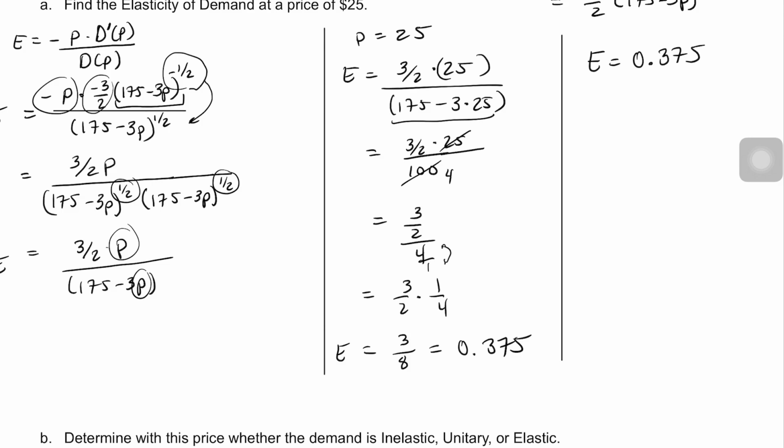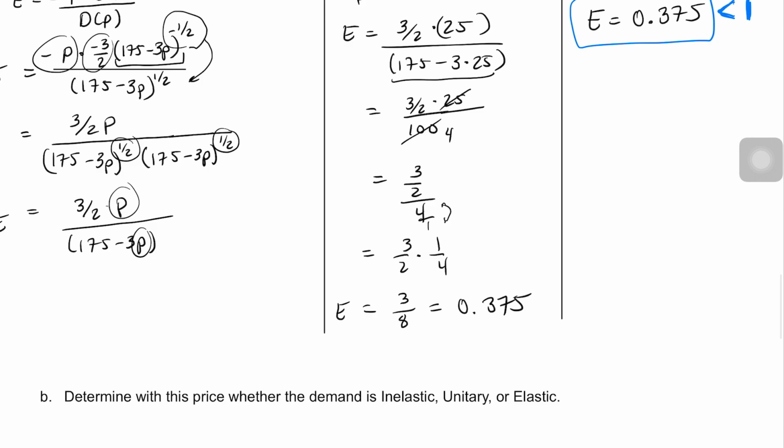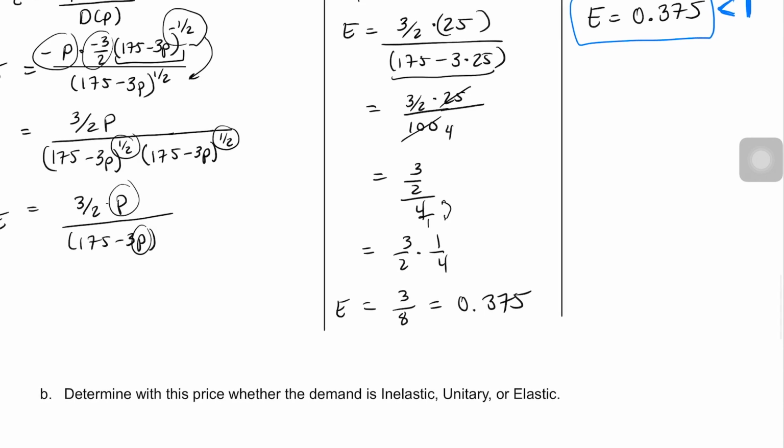This is a positive value, of course. All E's are positive, but what I want to note here is that this is less than 1. So we found the elasticity. We know that it's less than 1, which helps us understand the next part of the question, which is to determine, with this price of $25, whether the demand is inelastic, unitary, or elastic.